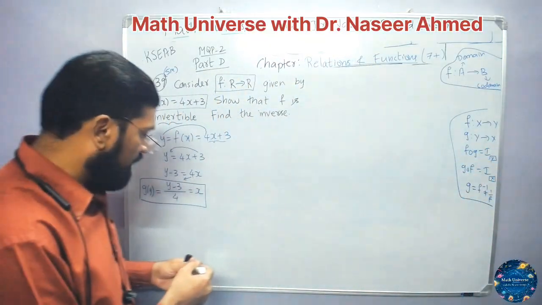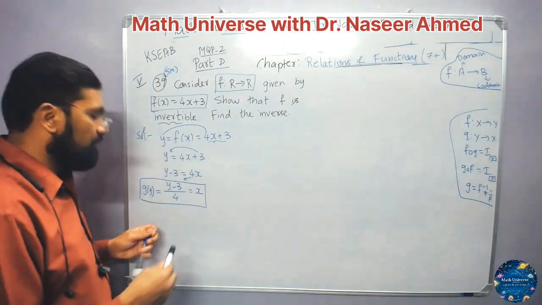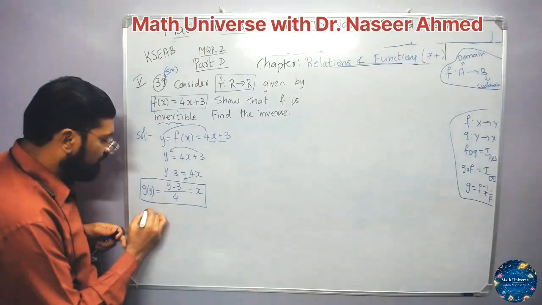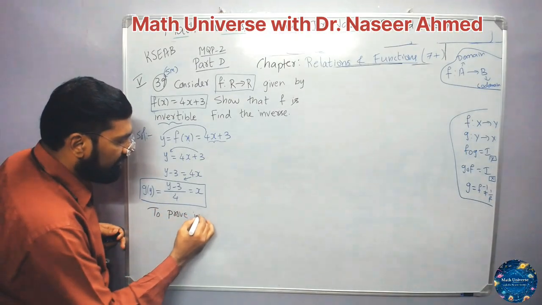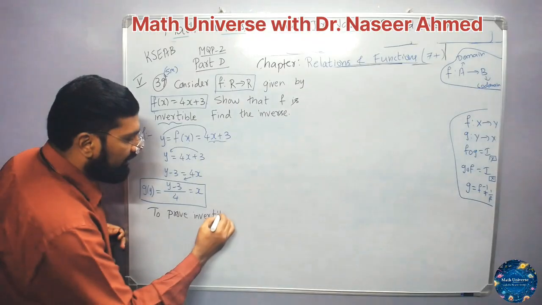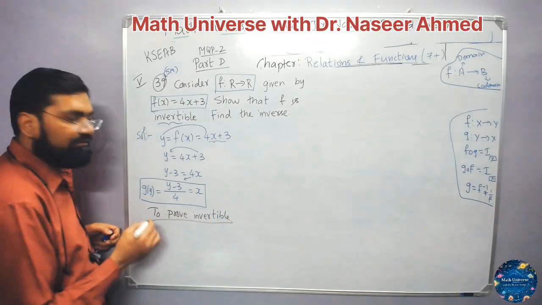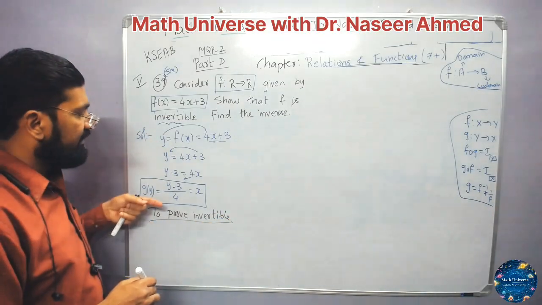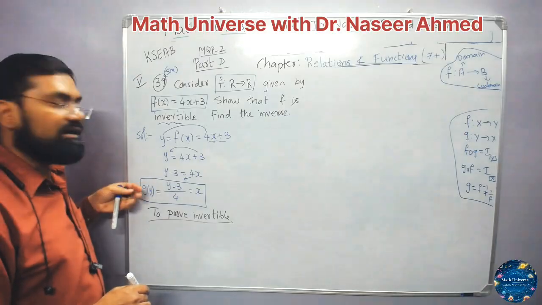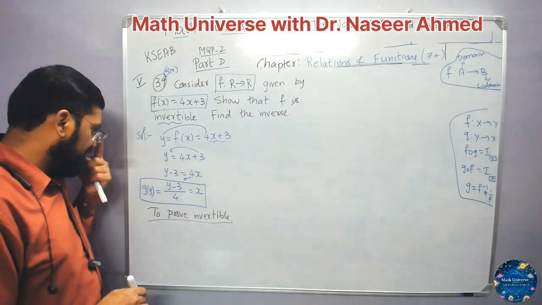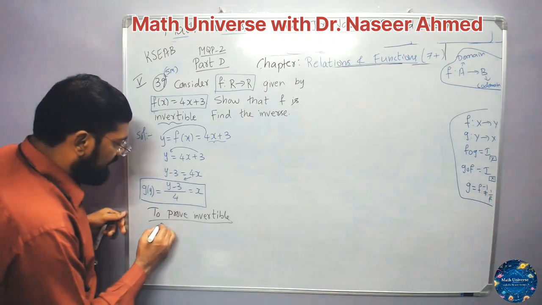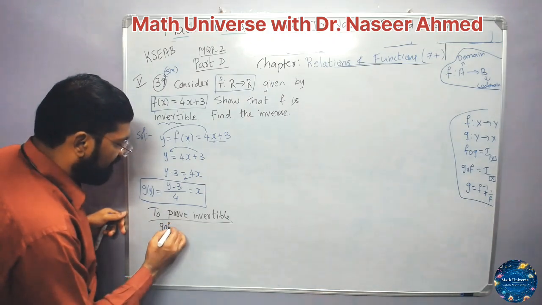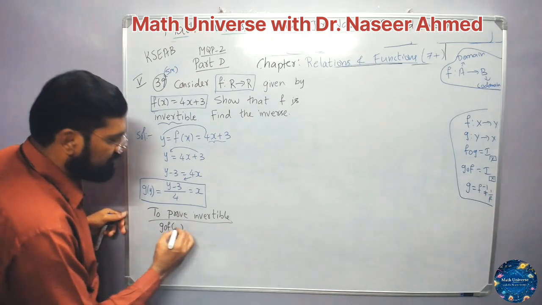Let us go ahead one by one. Pay attention: to prove invertible, recall that when we went for onto, we did the same step, only we didn't call it g of y. Now let us proceed. G composition f. Which element should be written?